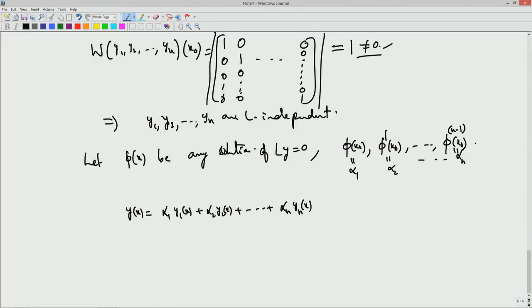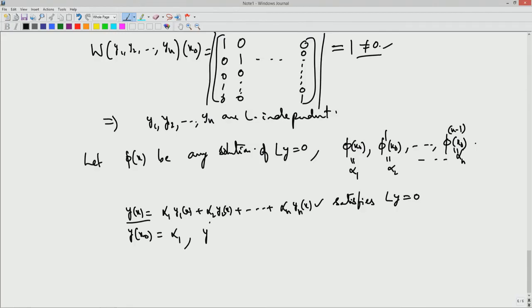Then what happens to this y at x naught? This is a linear combination, so it satisfies Ly equal to 0. So, what are the initial conditions? y at x naught is alpha 1 times y1 at x naught, which is 1, and y1 dash at x naught is 0. Okay. So, you will have only alpha 1. If I calculate its derivative y dash, I have alpha 1 y1 dash plus alpha 2 y2 dash at x naught, which will be 1.